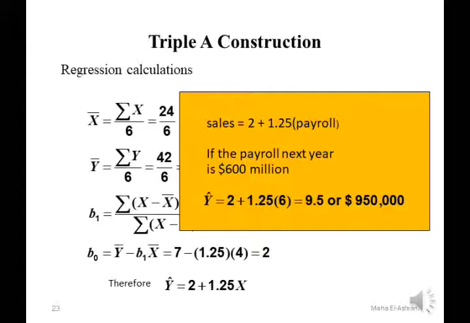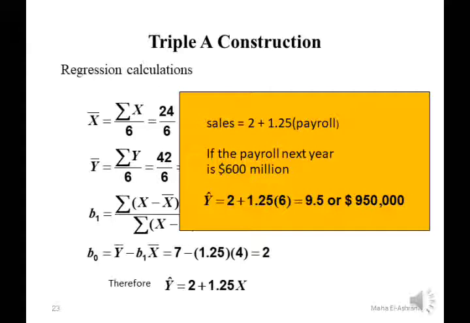Now, if you are asked, if the payroll next year is $600 million, what are the predicted sales? And if you remember, this is what we said in the beginning, that regression models are actually used to predict some unknown values of the dependent variable.